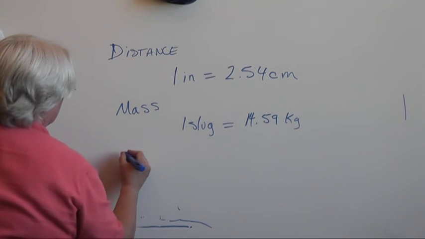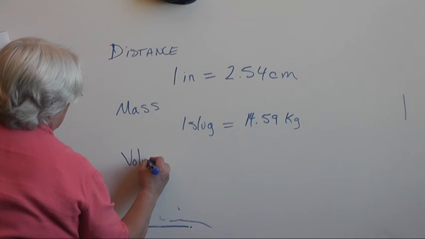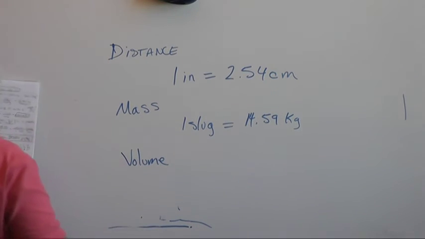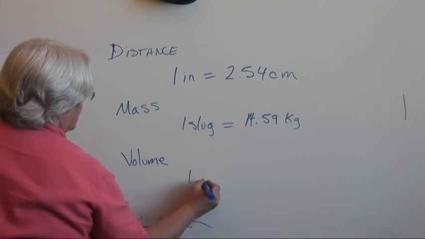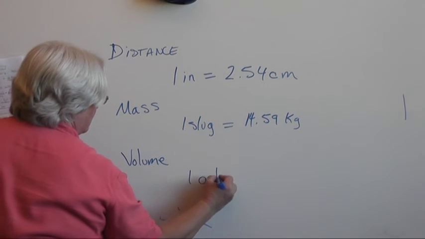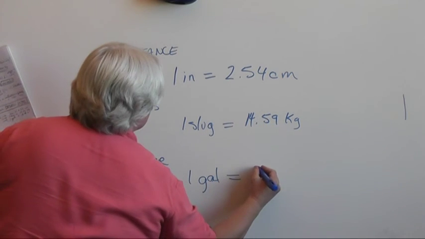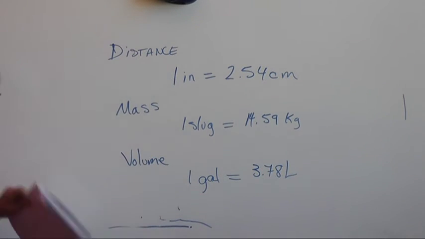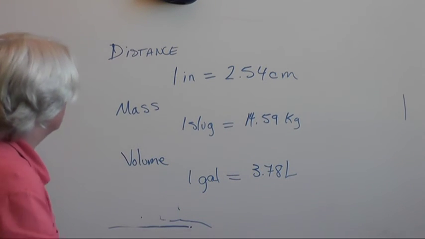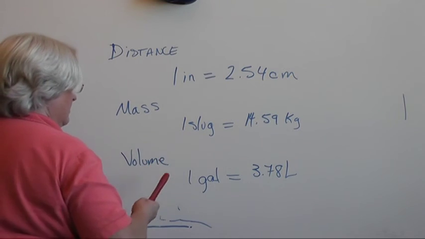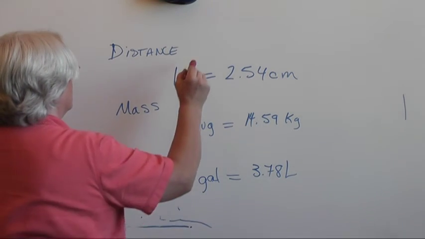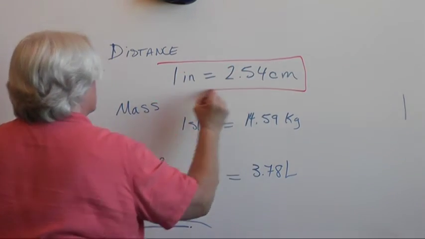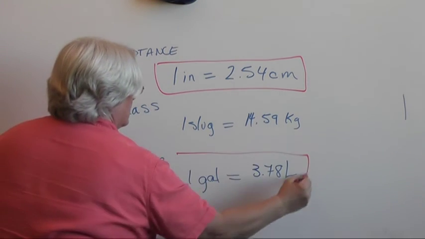And then volume. To go from the English unit of volume, gallons, that is 3.78 liters. The ones that I suggest beyond a shadow of a doubt that you memorize, in other words, it is essential, it is mandatory.